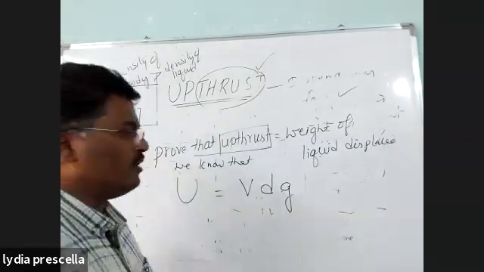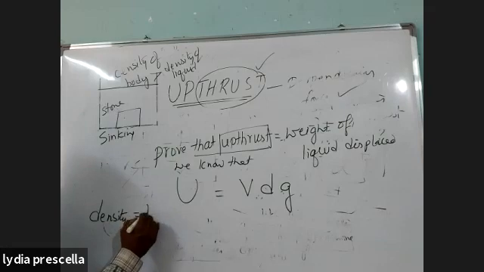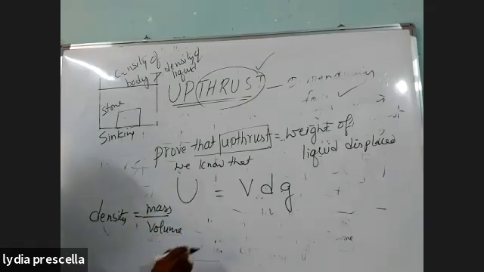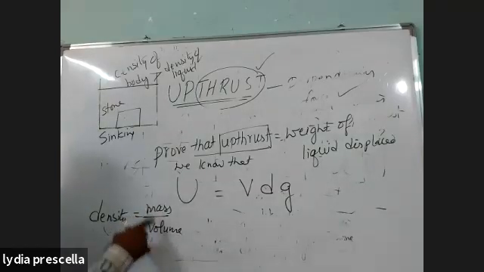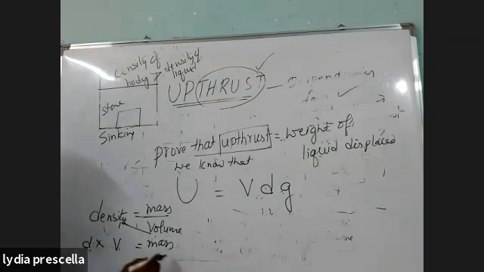But if you remember one formula, density is equal to mass by volume. You know that formula. Density is equal to mass by volume. So cross multiply this. Density into volume is equal to mass.